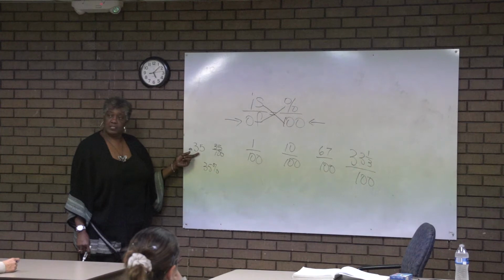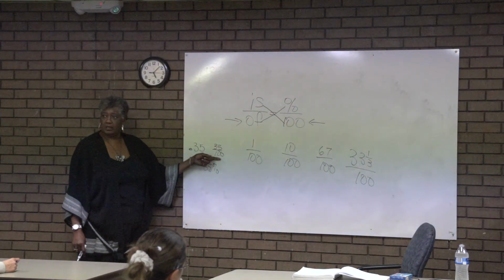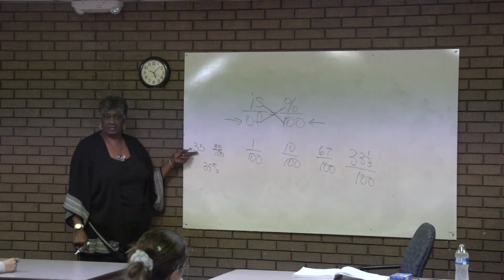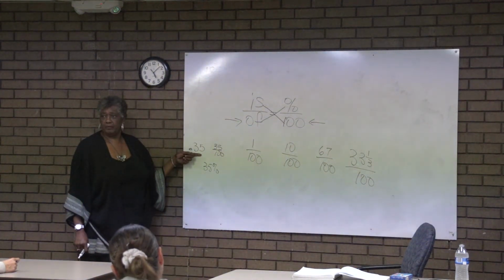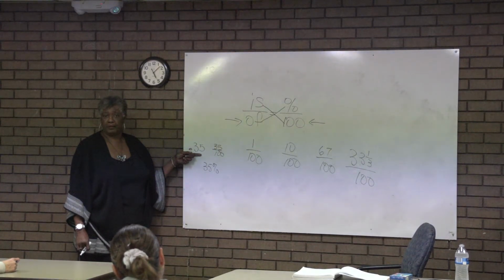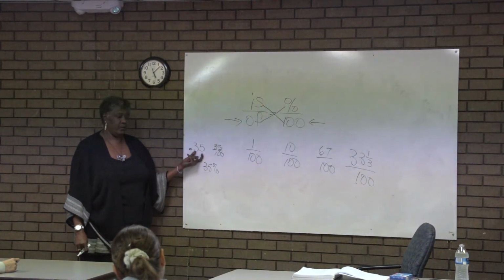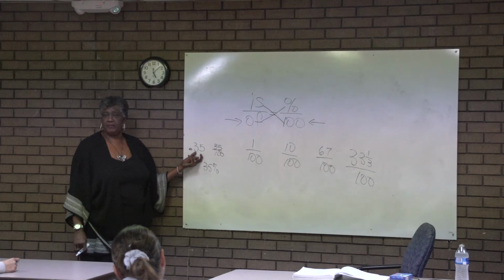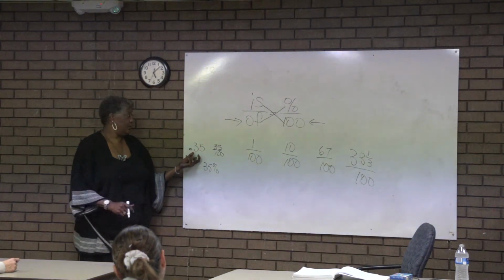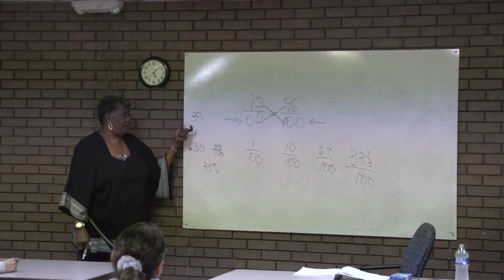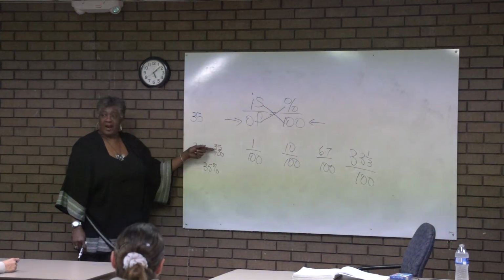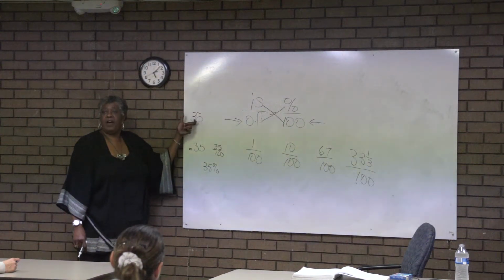To change a decimal to a fraction, because sometimes you're asked, what is the fraction equivalent of this decimal? You have to just read it, not calling it 0.35. The number is 35. Anytime you see a 3 and 5, it's 35. But 35 what? Anytime you have a decimal or a fraction, it's 35 out of something.